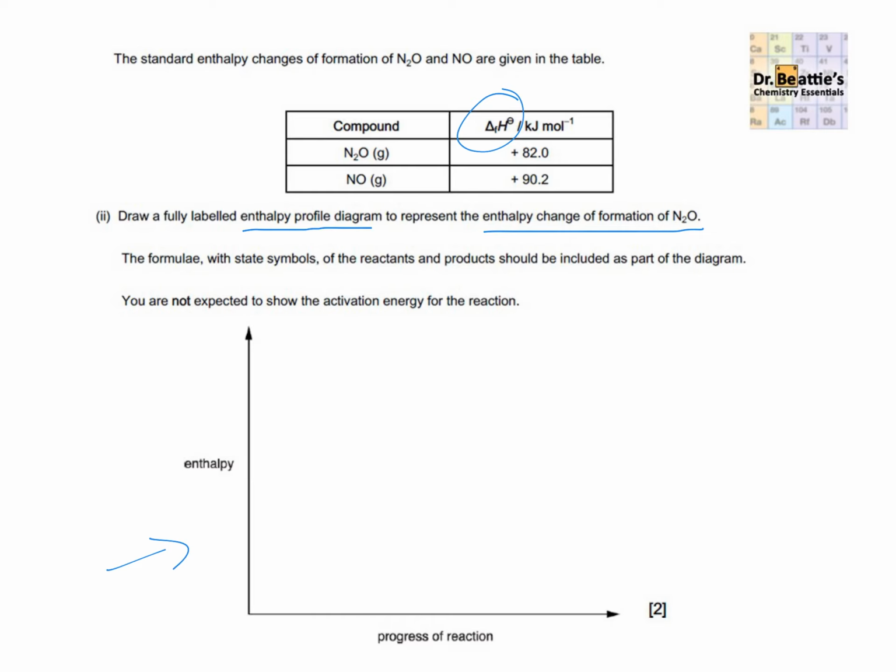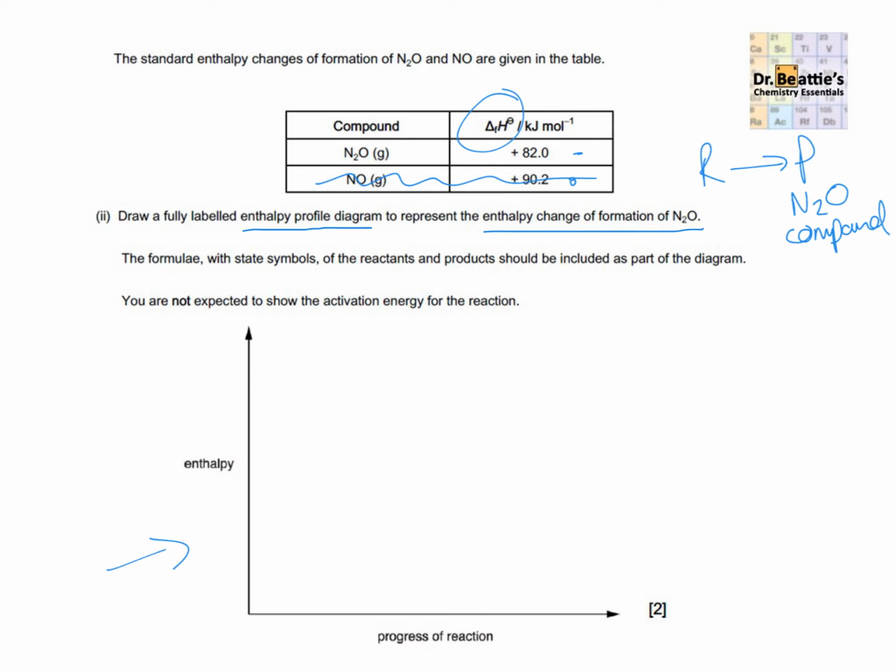You've been given N2O and you've been given NO. Now, we don't need NO, and we'll think about this in a moment. We do need the N2O because this is our delta FH, which is our formation data. And so that's going to be our product. That's what we're forming. We've always got to think of reactions as reactants going to products. In this case, our product is the compound N2O.